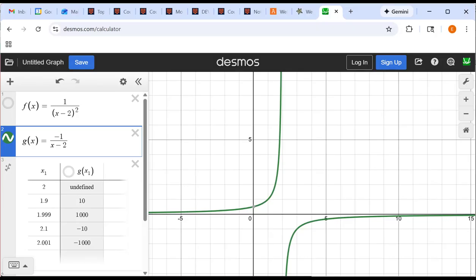So we talked a bit about how to pull this from the graph. We didn't talk so much about how to tell from the function formulas. And we're going to see a little more investigation in the algebra, looking at just the formulas and being able to pull this information out.